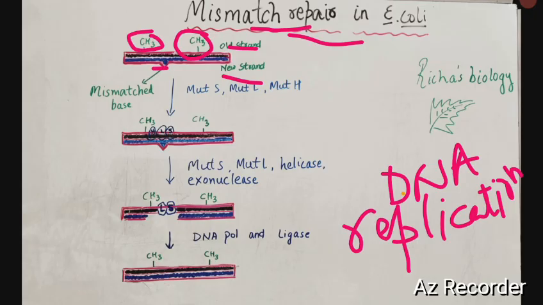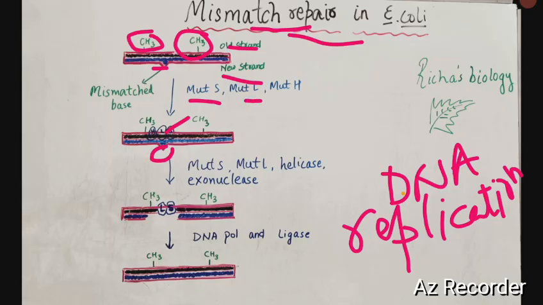It will be recognized first by MutS, M-U-T-S, which binds to the mismatch base here, followed by MutL.